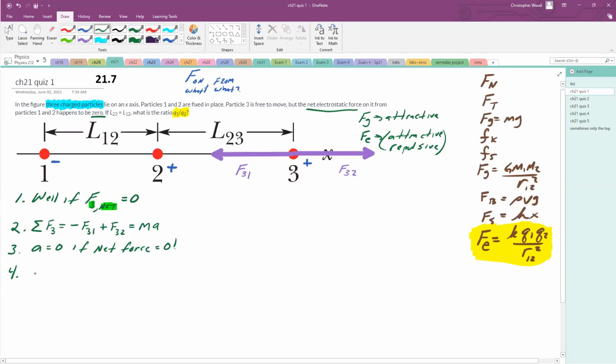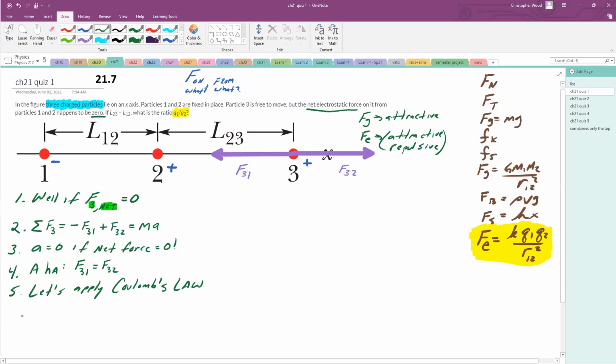From step 2, I can see, aha, at the risk of overhyping the obvious, whatever the force is between 3 and 1, it's the same as the force between 3 and 2. Maybe you saw that minutes ago. You probably did. Let's apply Coulomb's law, which will be the first time we're applying Coulomb's law.